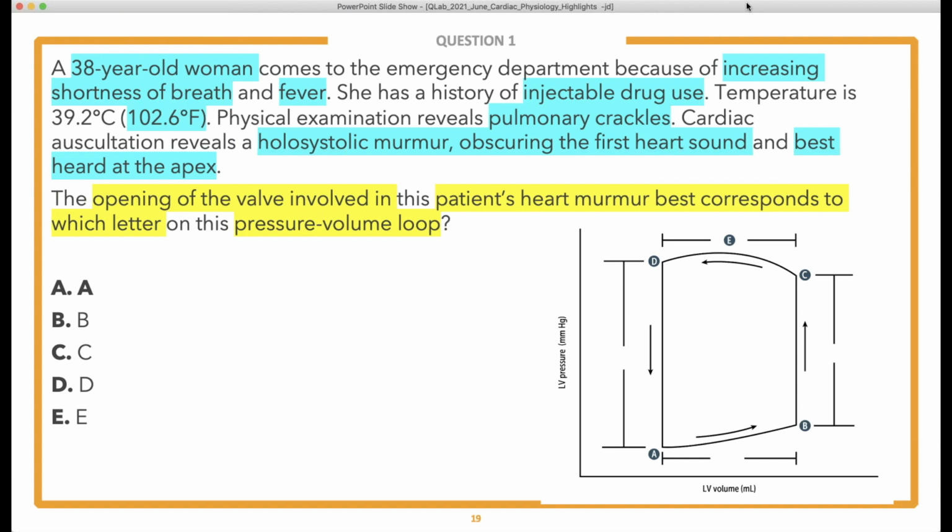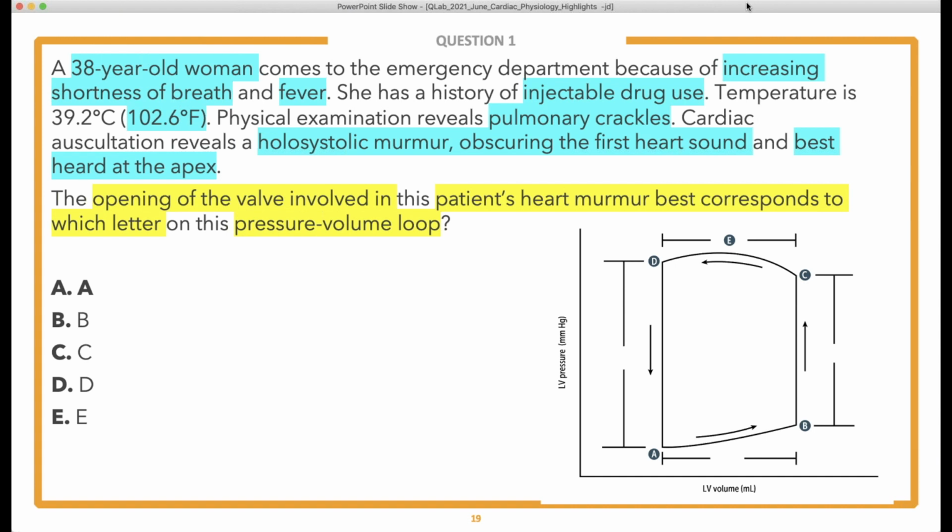So we know it's a holosystolic murmur. It obscures the first heart sound, so then we can go to mitral regurgitation, okay? So in mitral regurgitation, eventually you have increased left atrial volume and pressure, and this leads to a backup of fluid that then causes pulmonary edema and dyspnea.